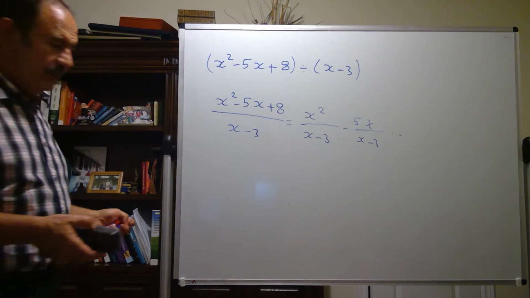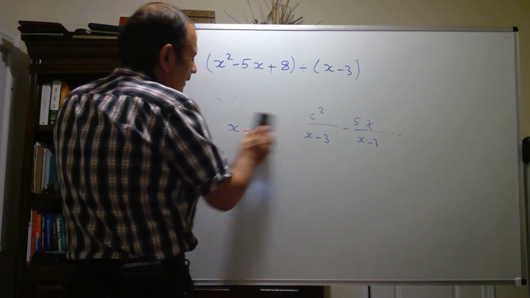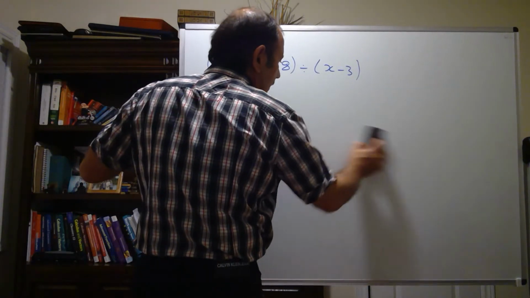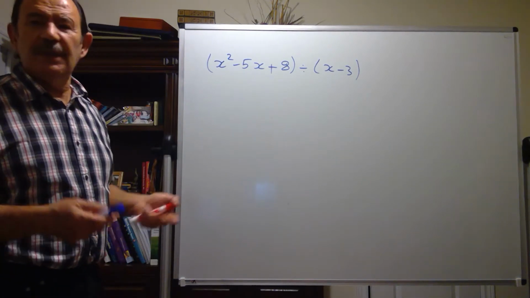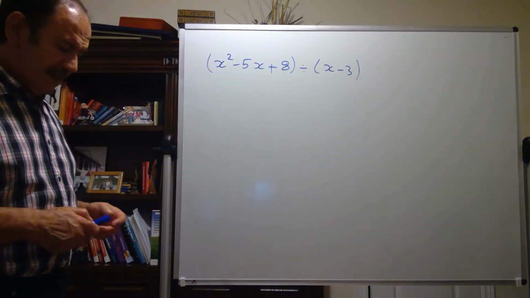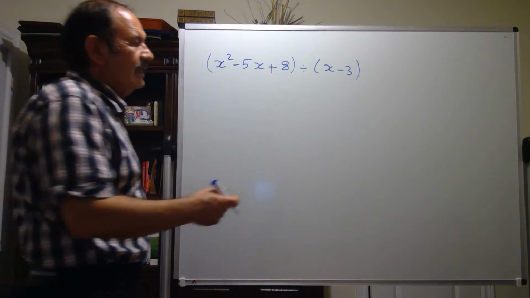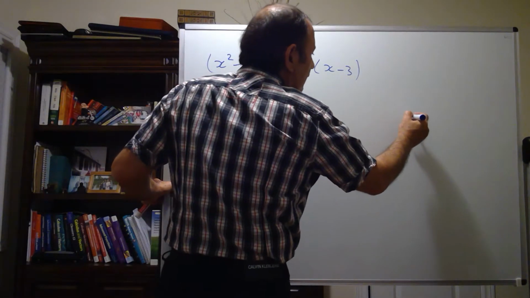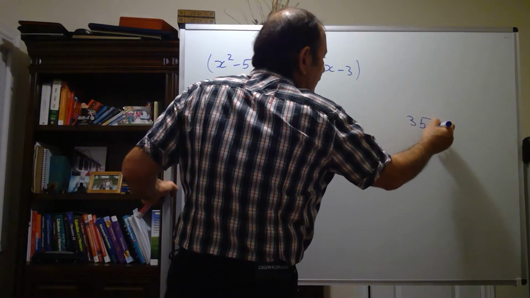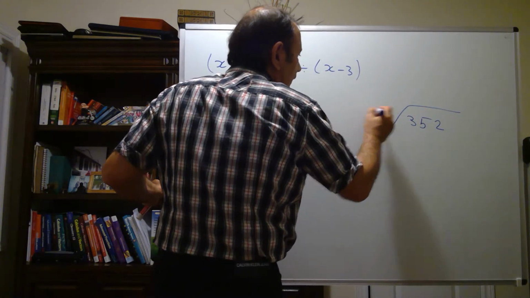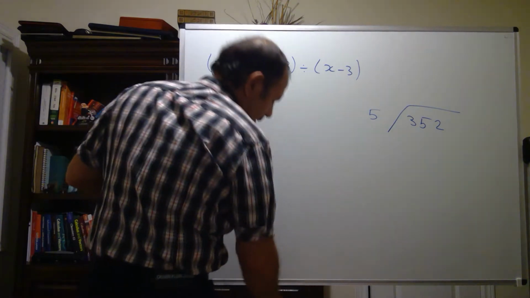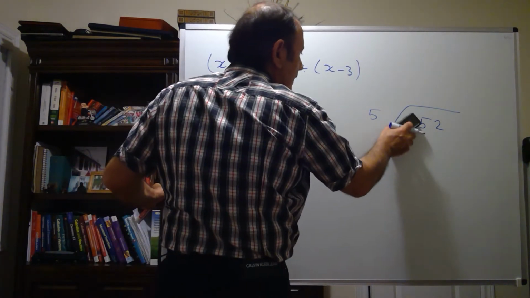How can we do the long division? I am comparing this one with the normal long division, dividing numbers that we learned at the very beginning of math. As an example, 352 divided by, let's say, 5. Let's make it easier first.